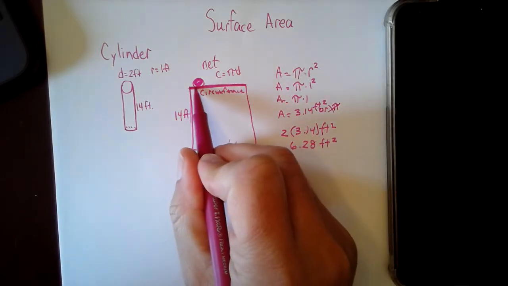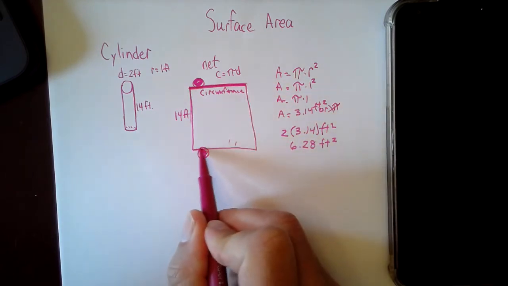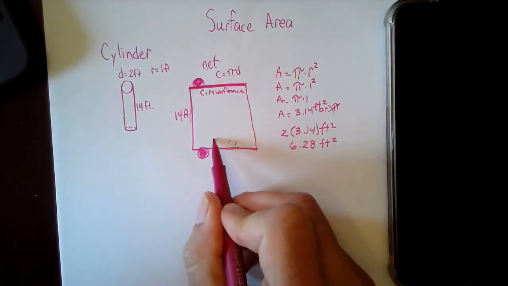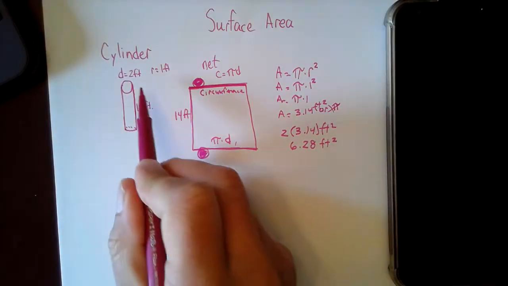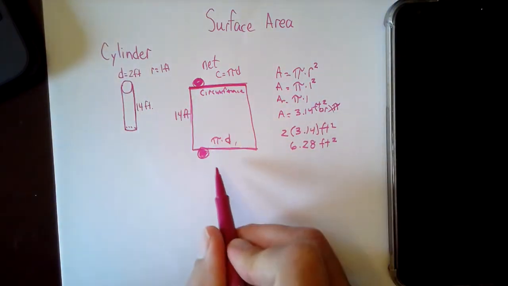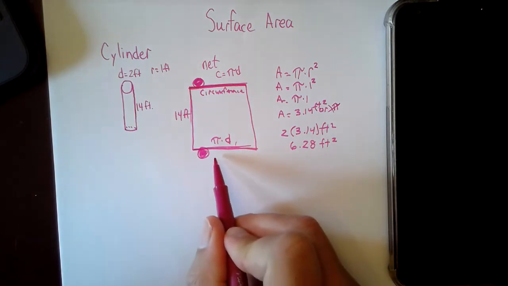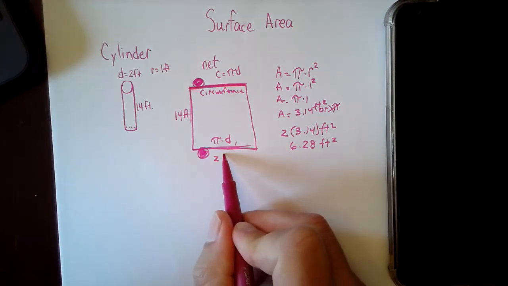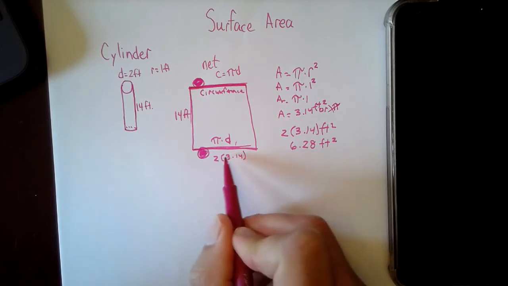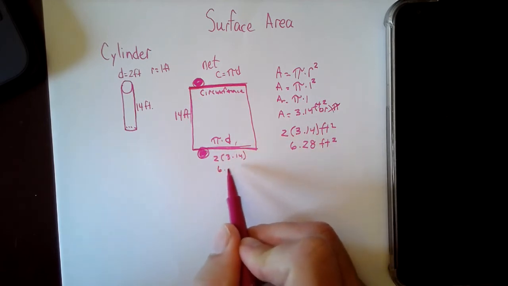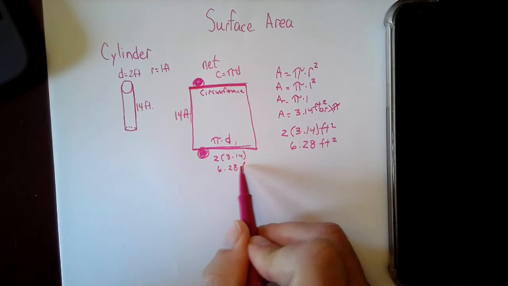All right, so again, this piece, top end or bottom, is going to be pi times diameter. Looking back, my diameter is 2. So the width of this is going to be 2 times 3.14, which is 6.28 feet.